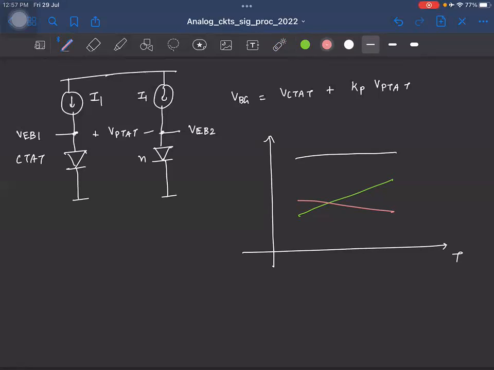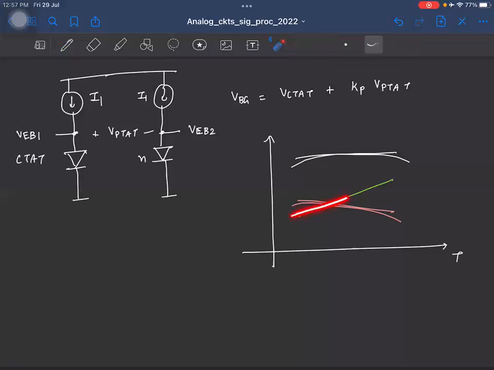In reality, the CTAT voltage, as I explained, will have a curvature like this, right? So if the CTAT has a curvature like this, the final voltage, how do you think it will look versus temperature? It will have the same curvature here like this, right? Because we have only corrected for the linear portion here.